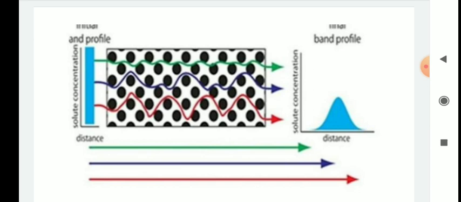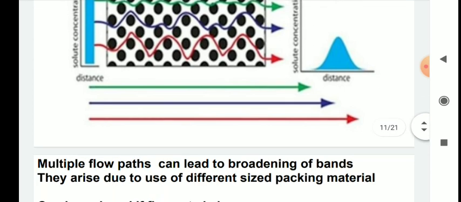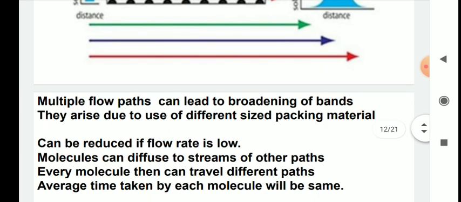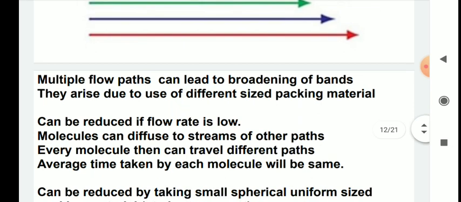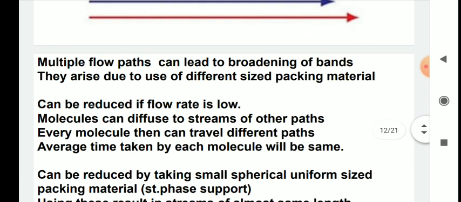Net result is that all the molecules will have almost similar paths. You can achieve that only if the flow rate is low. Under high flow rate, it's not possible to cause this diffusion of the molecules to the streams of other paths. So every molecule can travel to different paths if the flow rate is low because of diffusion. The average path taken by each molecule will then be the same.